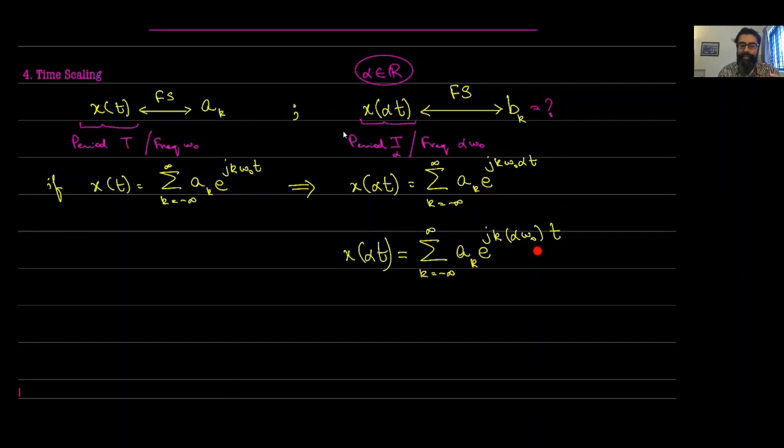On the other hand, if alpha is between 0 and 1, you would expect a time expansion, which would correspond to a decrease in the frequency, as you can see through the synthesis equation as well. The same thing applies even if alpha is negative, and I'll leave that for you to think about.